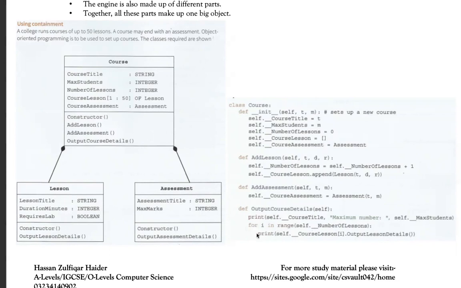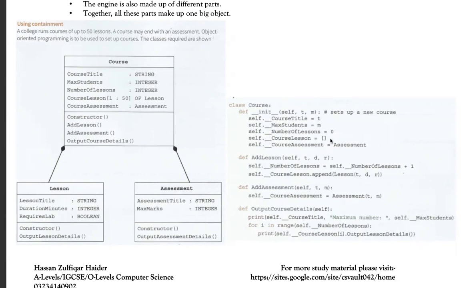And in every lesson, as you can see here, I'm accessing the lesson details. Now, lesson details is an attribute. Sorry, it's a method that is limited only to the lesson class. So I'm accessing the lesson method of a lesson class object.